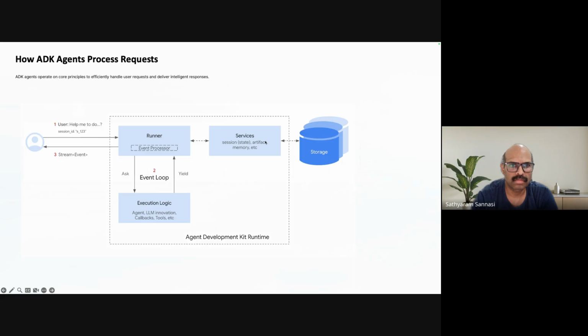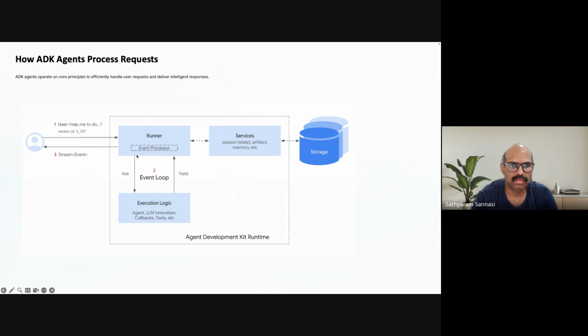It also creates services, like maintaining state and memory. Basically, the runner manages the overall environment for processing. Once it sets up, it starts services like memory, allocates memory, and starts a session, so that if multiple people are using the same agent, they get different sessions. Things like that are what the runner handles.